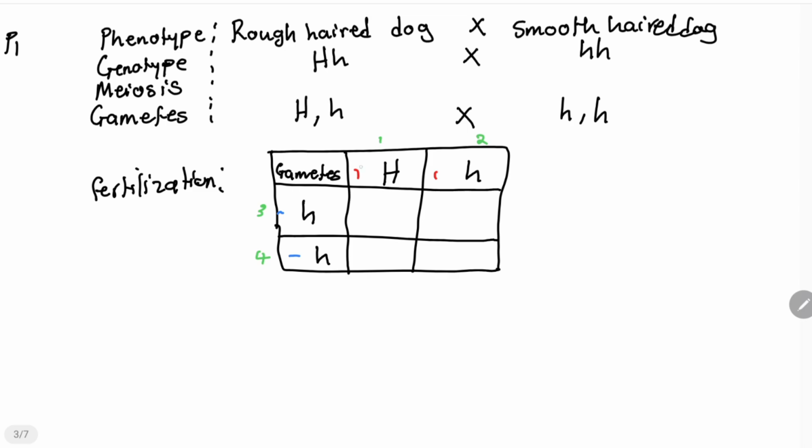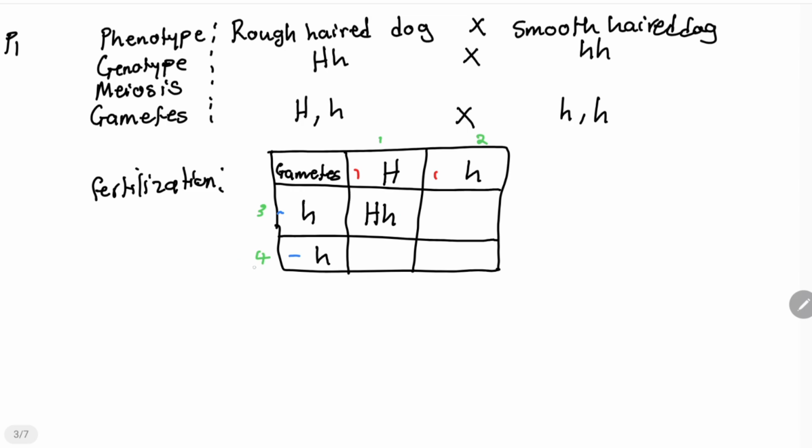So when box 1 and box 3 combine, they're going to combine in this box right here. And when we write the genotype, it is important to note that we're supposed to start with the capital letter and then the small letter will follow. So when box 1 and box 3 combine, they're going to give us the genotype capital letter H, small letter h. Right?